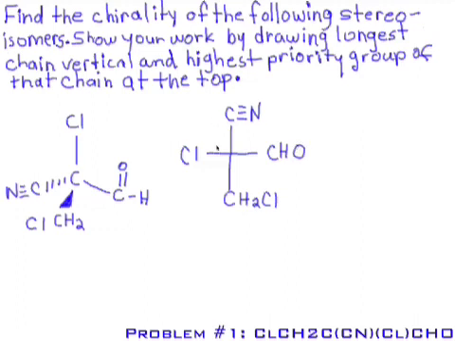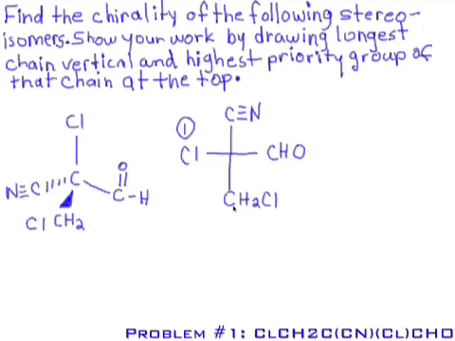So now we have to determine R/S. We only need to prioritize. And the highest priority group, of course, is chlorine, carbon, carbon, carbon. Chlorine's higher atomic number, so chlorine's 1. Now, when you have carbons, identical groups, rule number 3 of EZ prioritization rules states that you proceed out the chain to the first point of difference.